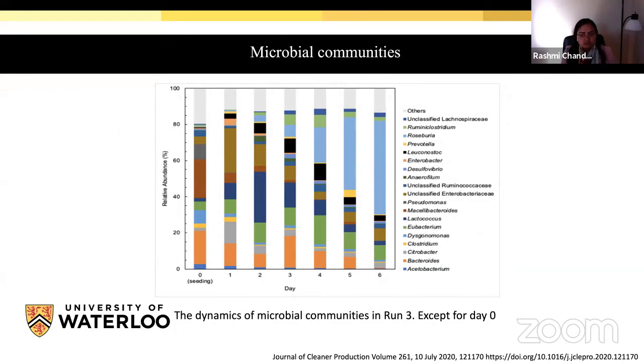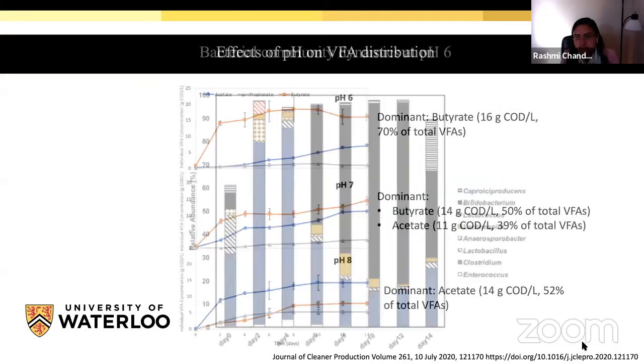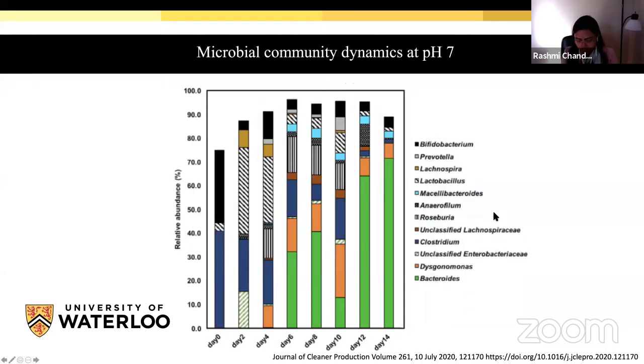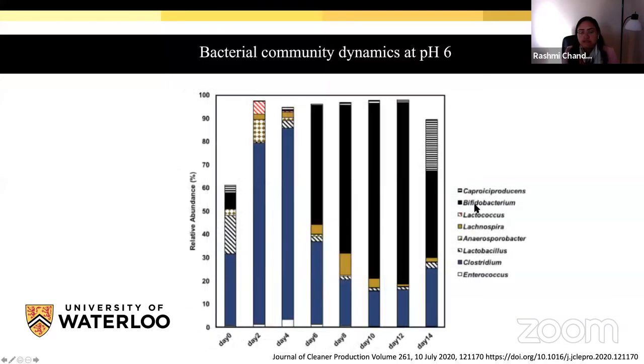Along with it, we studied the pH, and we studied the microbial community present over there. So I will directly go to this one. This is at pH 6, and there is one thing, Cyanobacterium.